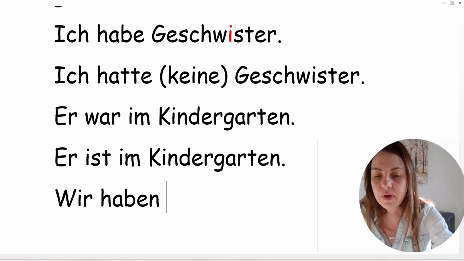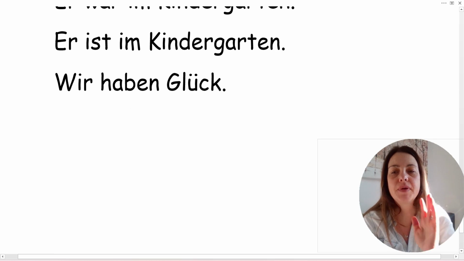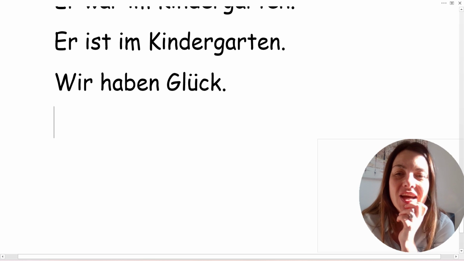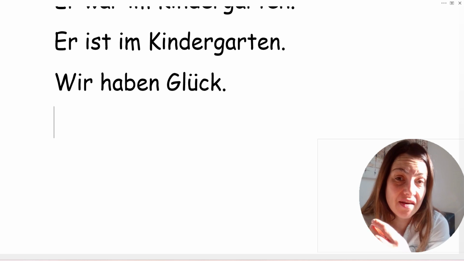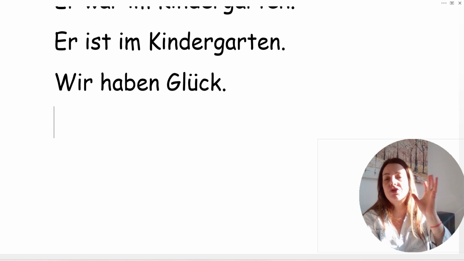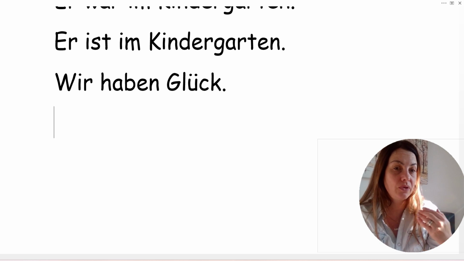Okay. Wir haben Glück. What does it mean? Wir haben Glück. We are lucky. Or we have fortune. We have luck. Literally, because here we use the verb haben. We have. Wir haben Glück jetzt.